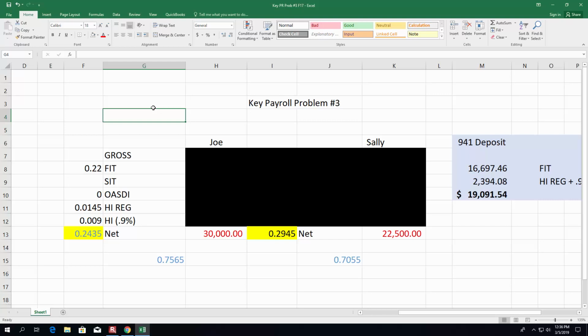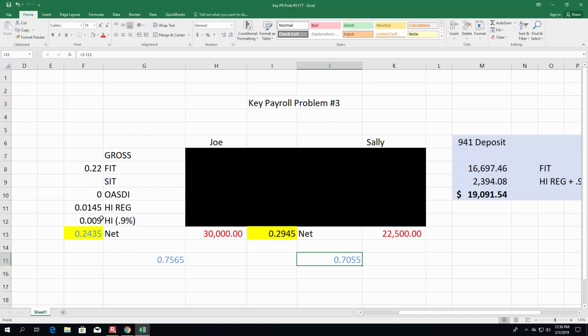I went ahead and wrote all those down. It looks like they are paying 24.35% of their gross, and I think they should both be the same, shouldn't they? She doesn't have that supplemental.